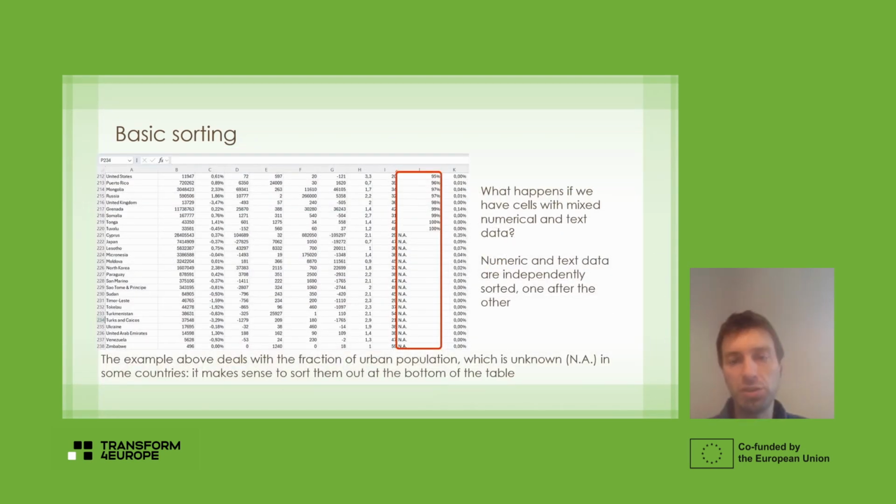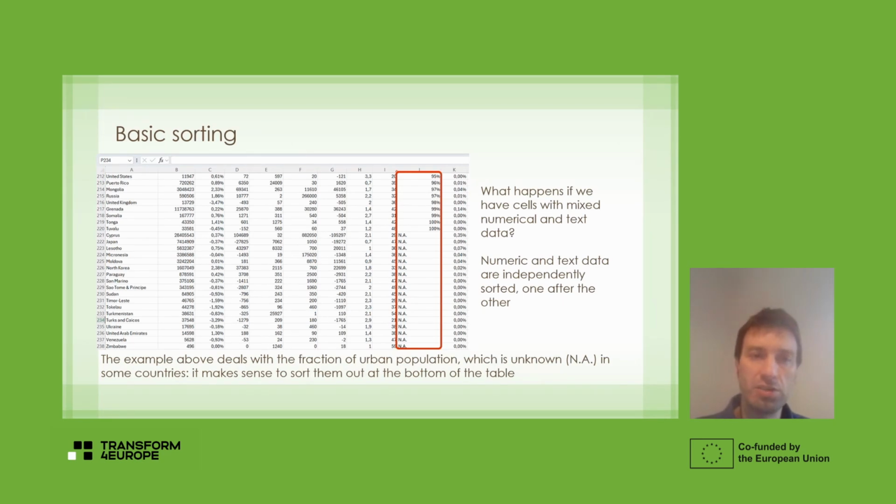So there is also the case where you can have a mixture of text and numbers within the same column. Sometimes it happens. In this case, for example, column I deals with the percentage of urban population. Obviously, this data might not be available for all countries. So a few of them have this notation NA, which stands for not available. And it might make sense to actually have the rows, the countries that correspond to these non-available values, sorted separately.